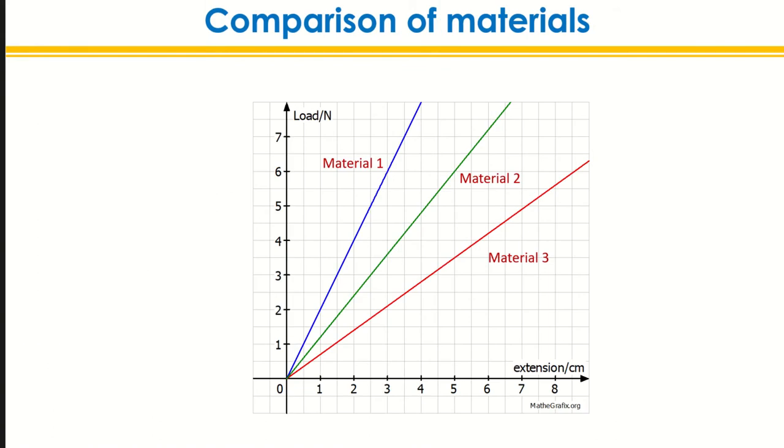Let us consider the data for three different springs made from three different materials, or with a different number of turns. We can see we are getting three different graphs. It means the spring constant or stiffness of the springs is different.